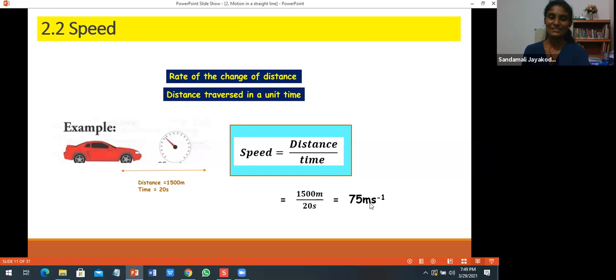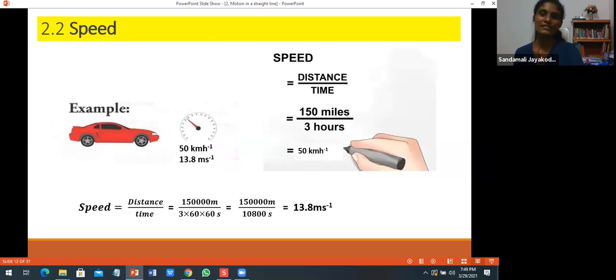The unit of speed is meters per second. If not, we can use other units like kilometers per hour.